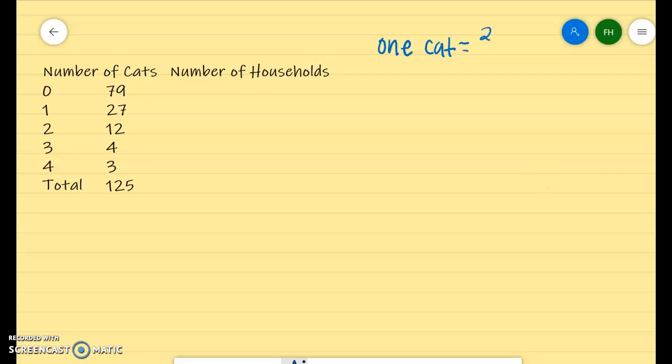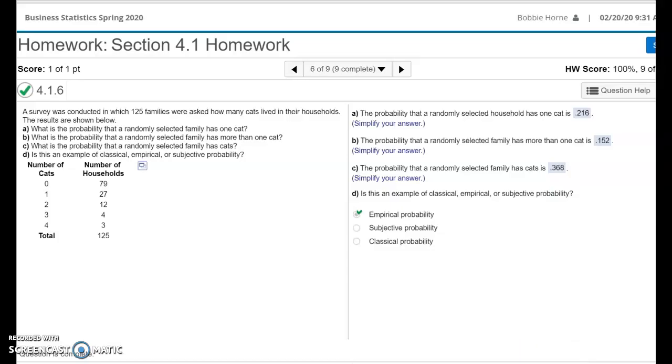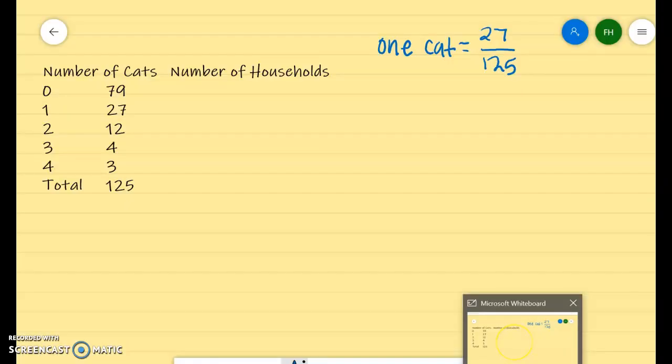So we take what we observed in the form of probability: 27 out of the total of 125. And I believe they want us to put this in decimal form, so you would just simplify that. 27 divided by 125 would be 0.216.